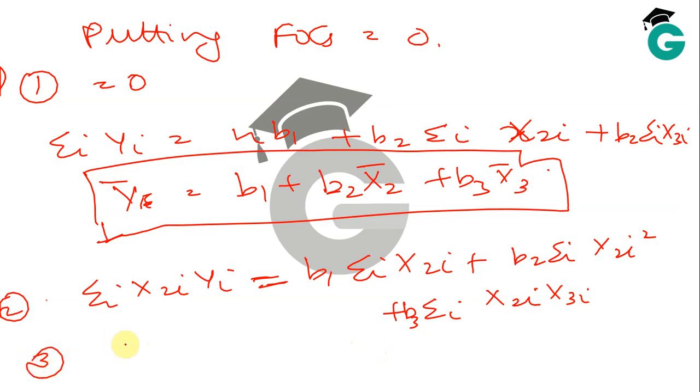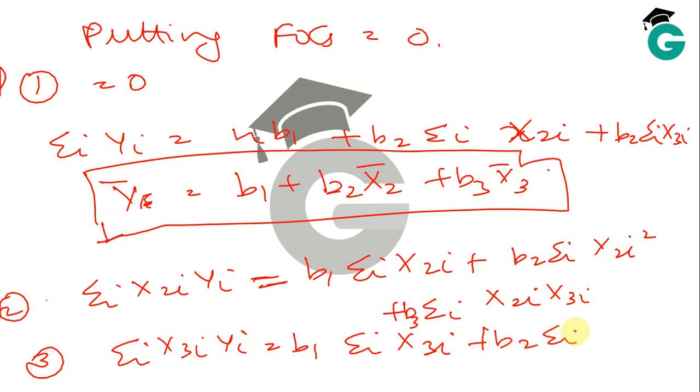Now the third equation can be written as summation i x3i yi equals b1 summation i x3i plus b2 summation i x2i x3i plus b3 summation i x3i squared, right? Okay, so these three equations are actually known as the normal equations. Now in fact this is just a sort of reduced form of the normal equation basically. So these three are your normal equations, right?